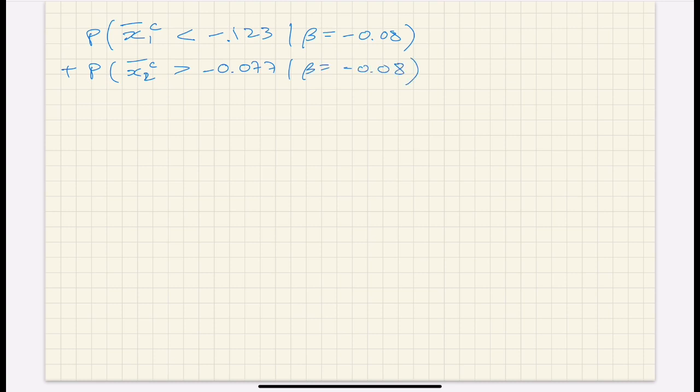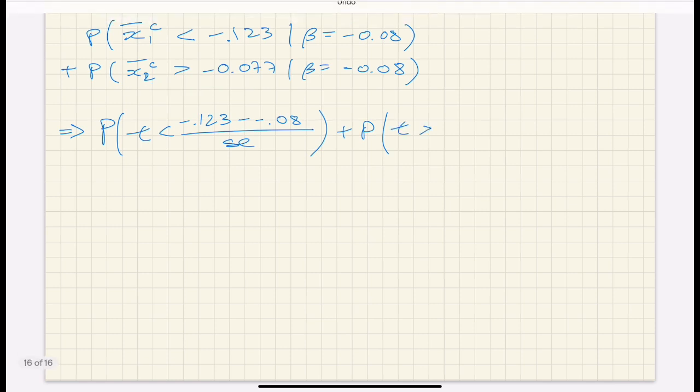And then we can write this out as P of t is less than negative 0.123 minus the true value over the standard error, which I'm not going to write out, plus t is greater than negative 0.077 minus negative 0.08 all over the standard error.